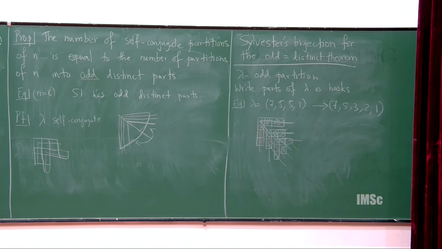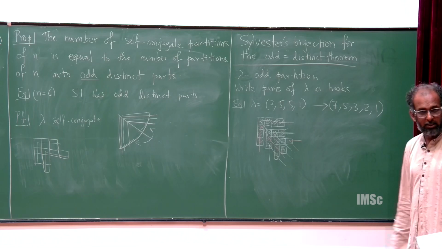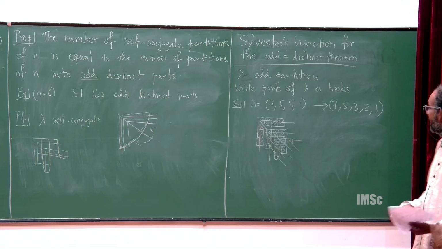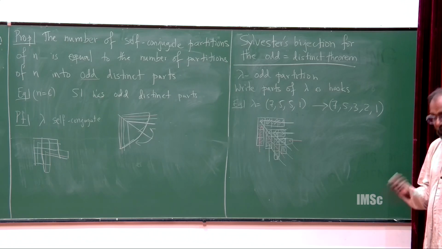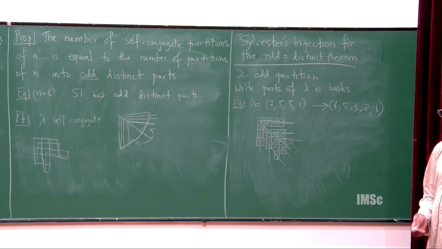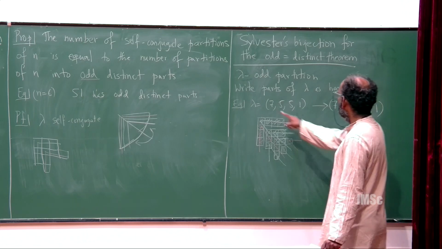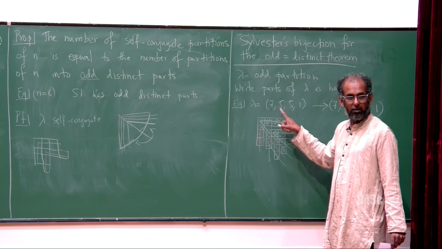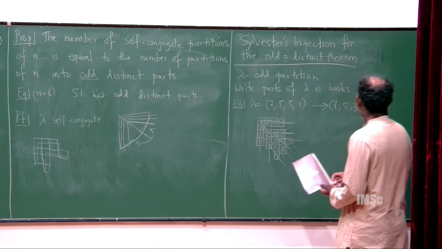So the claim is that this will give a partition with distinct parts, but moreover, it will give something stronger. How many distinct parts are here? 3, right? 5 is repeating. So the number of distinct parts is 3.